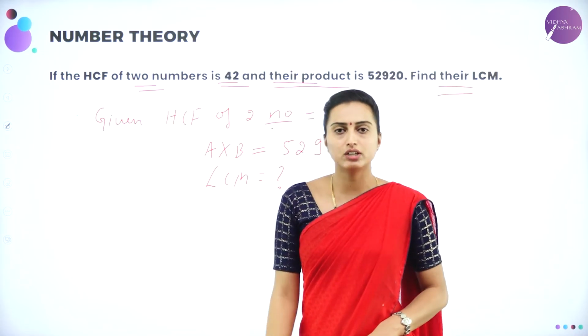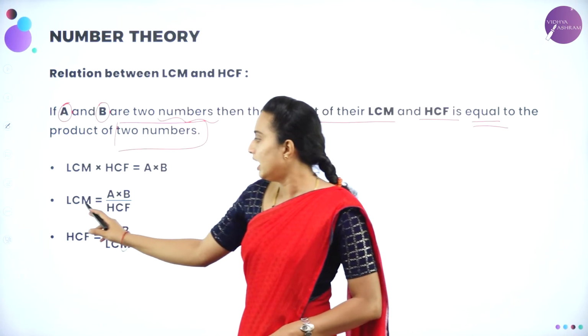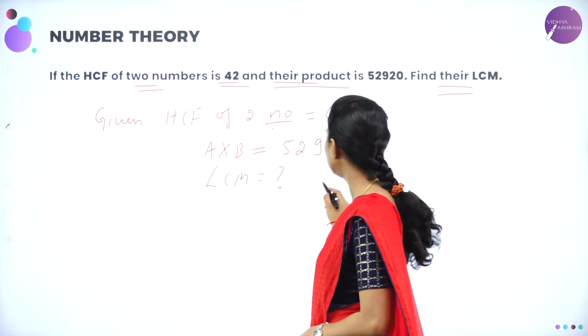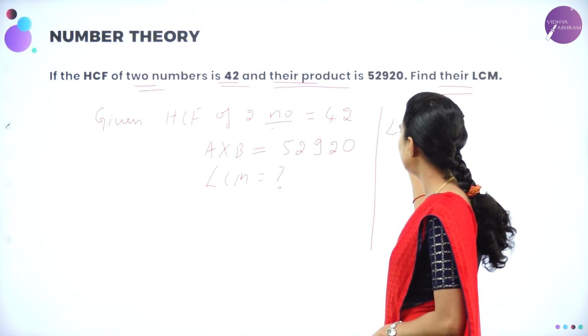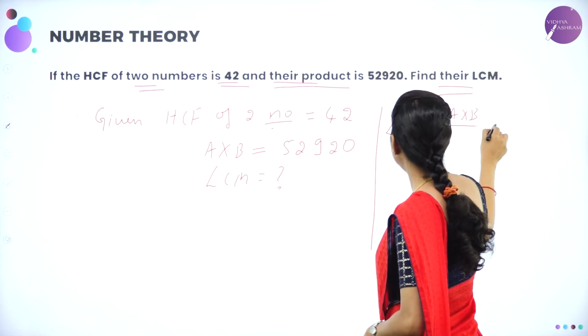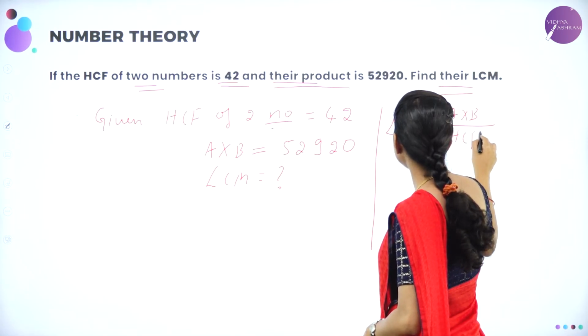Now what is the relation you are going to have? LCM is A into B by HCF. So write that down. LCM is equal to A into B divided by HCF.